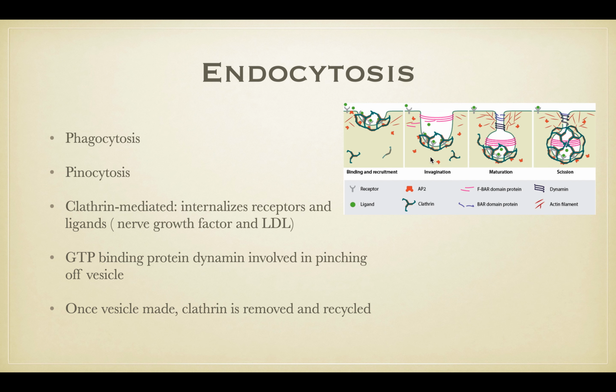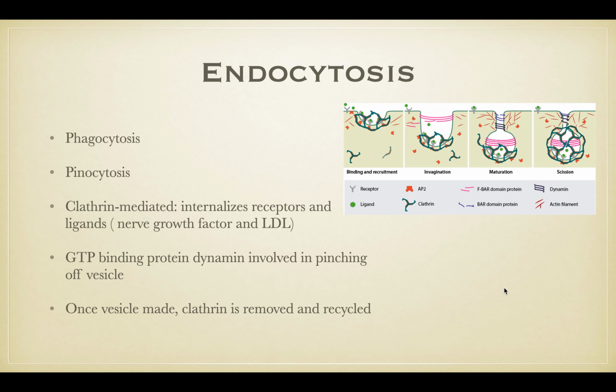The clathrin invaginates in this pit, and then the pit closes off, and then scission occurs when the pit has bound, and there is a transport molecule that surrounds it. That's how the cell engulfs things, either through phagocytosis or pinocytosis. And GTP is involved in order to pinch off the vesicle.